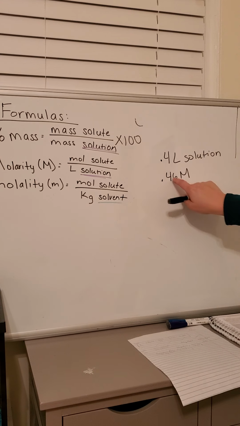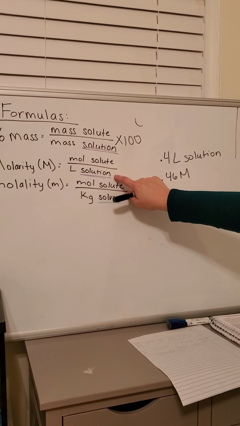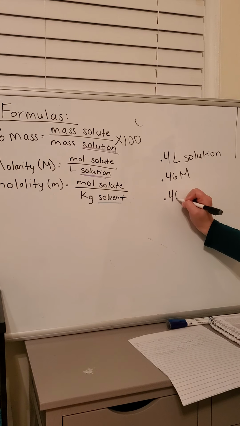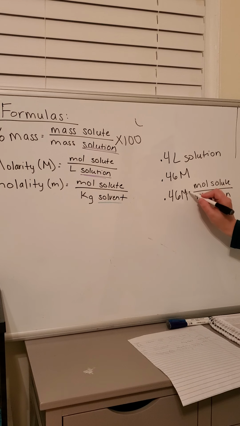So the 0.46 is going to go over here, and the 0.4 liters is going to go down here. So we're going to have 0.46 equals our moles of solute over top of our 0.4 liter of solution. I forgot the unit for that one.